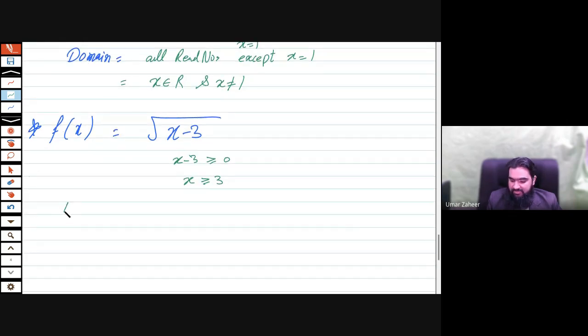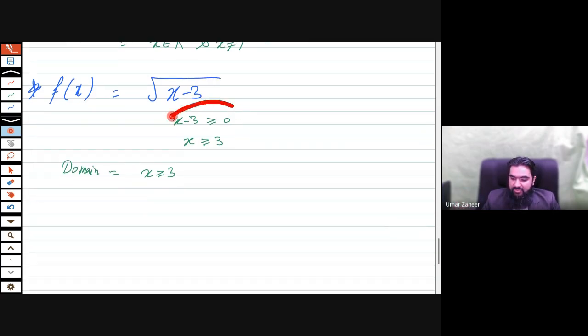So the domain is x is greater than or equal to 3, meaning all real numbers that are greater than or equal to 3. Substitute it: 3 minus 3 is 0, 4 minus 3 is 1, 5 minus 3 is 2, with square root. So you will get the answers. But if you take the below values, let's say minus 2, minus 3, minus 5, it is undefined in the square root.